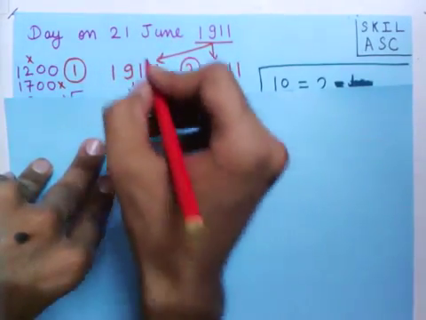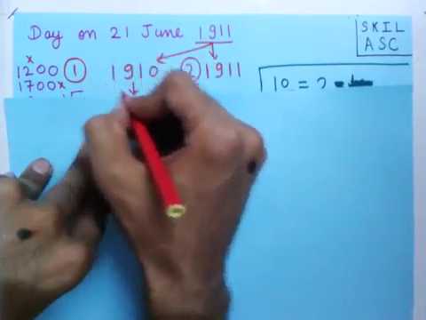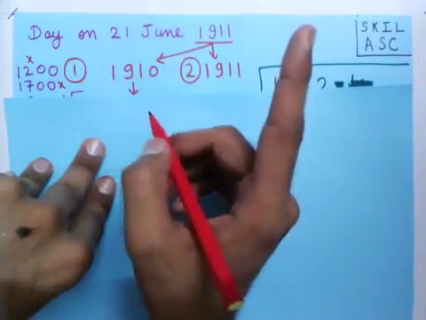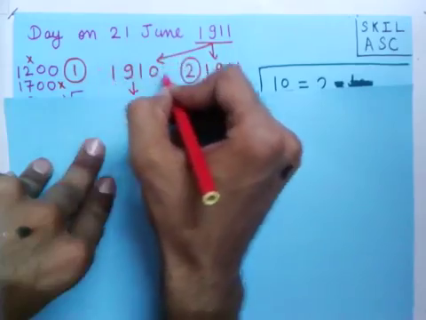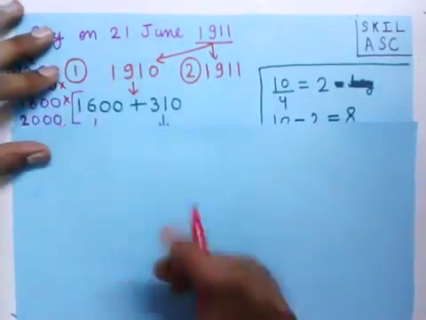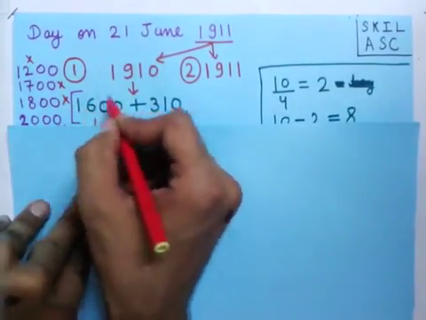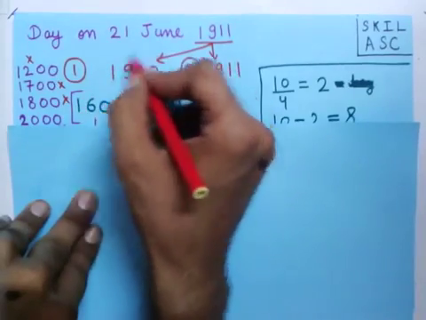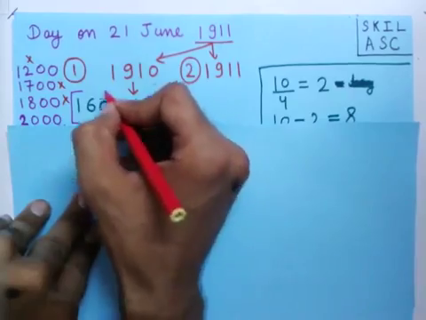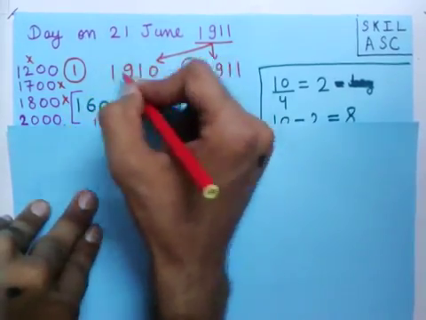Listen carefully: the century must be the maximum one, it must be a leap year, and it must be less than 1910. So we have 1600. You notice that this century is the maximum in this year, it is also a leap year, and it is less than 1910.